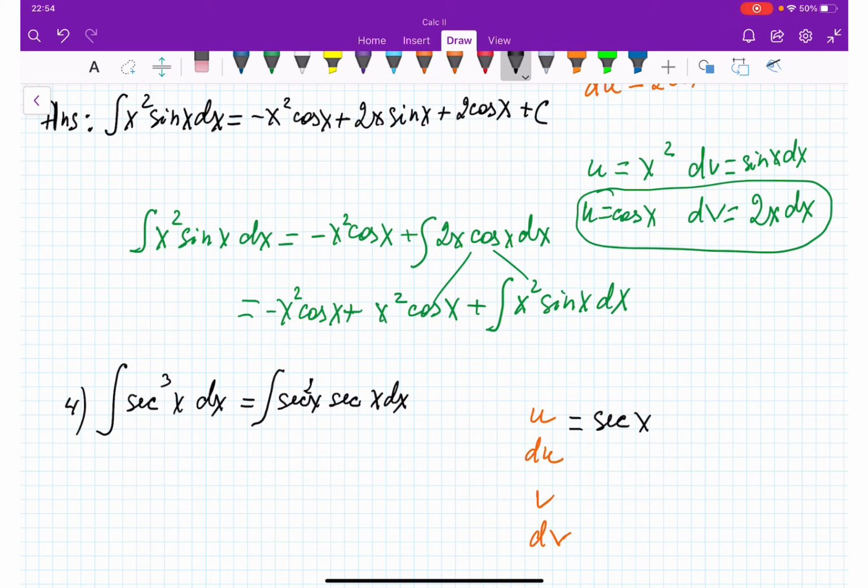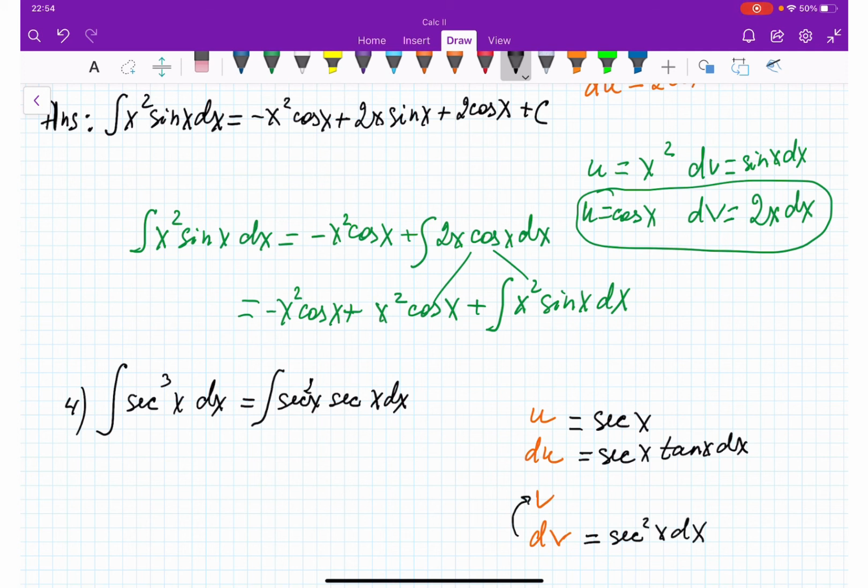Then du is going to be secant x tangent x dx, because the derivative of secant is secant tangent. dv, on the other hand, is secant squared x dx.